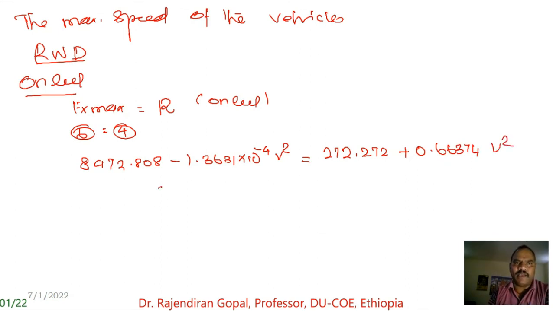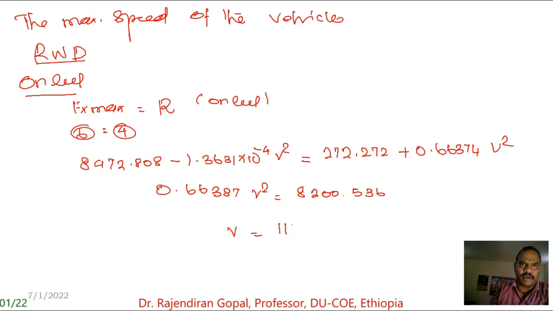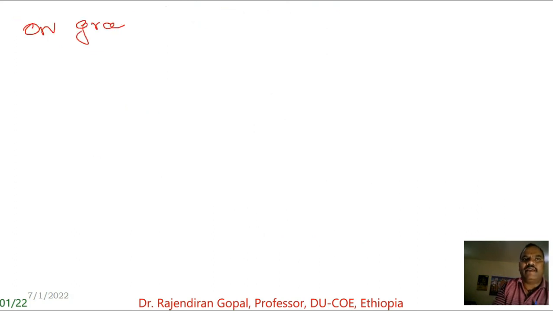While simplifying, we get 0.66387 V² = 8200.536. Then V is equal to 111.14 kilometer per hour.